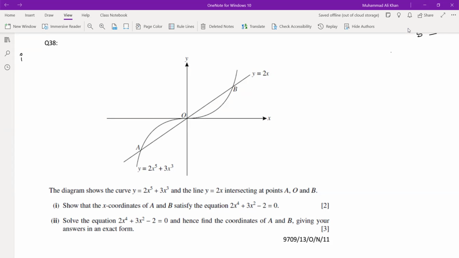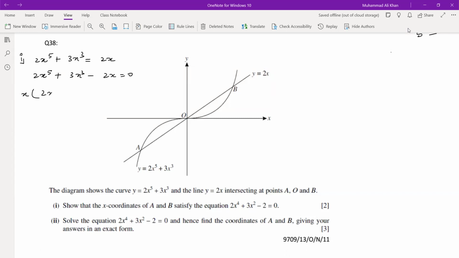So in the first part, the equation of the line is y equals 2x. The equation of the curve is given. We are comparing both of them. So it will be 2x to the power 5 plus 3x cubed equals 2x. Now 2x to the power 5 plus 3x cubed minus 2x equals 0. Can I take x common?